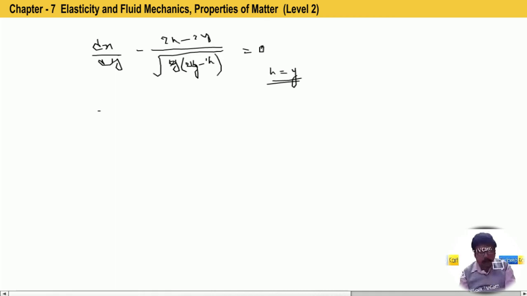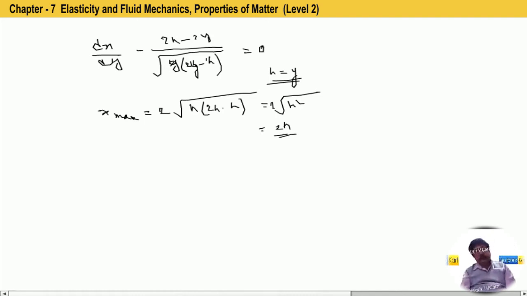First, confusion over there. So what will be the x max? It is 2 root over y into (2h minus y), with y equal to h, so 2 root h square, which is 2h.